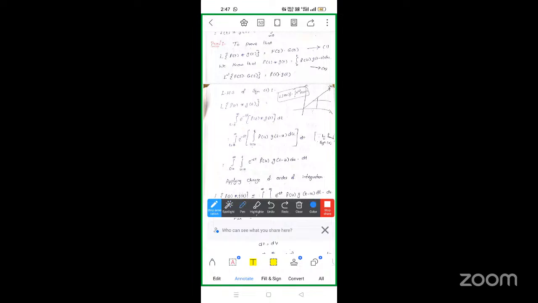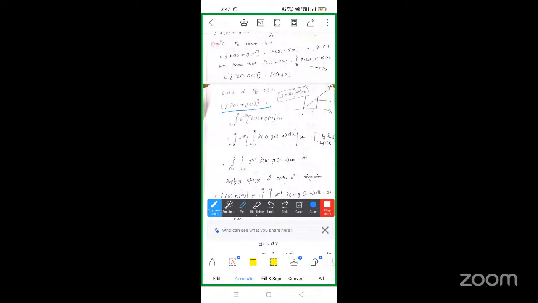So this is based on the basic definition of the Laplace transform: the integration from 0 to infinity of e power minus st into f of t star g of t into dt.